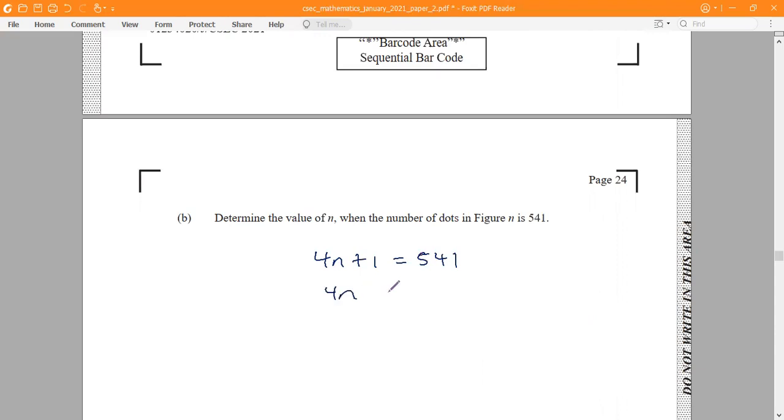So we take away 1 from both sides of the equation, and we get 540. And then we divide both sides by 4. So 4 into 5 is 1, remainder 1, 4 into 14 is 3, remainder 2, 4 into 20 is 5. So n is 135.